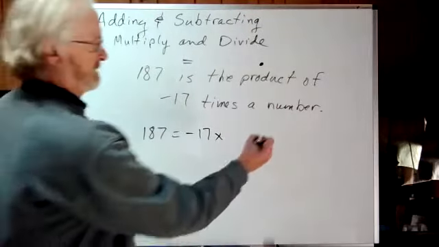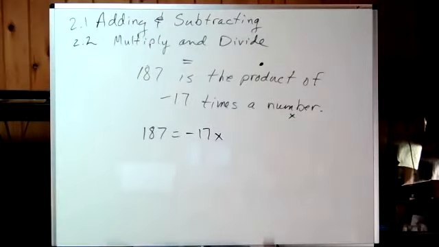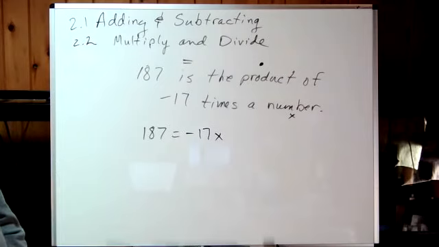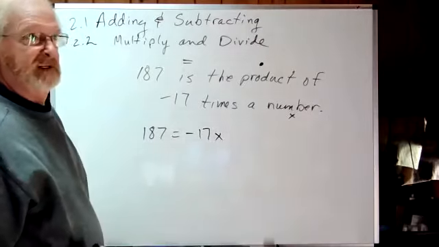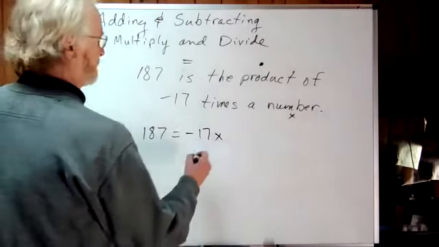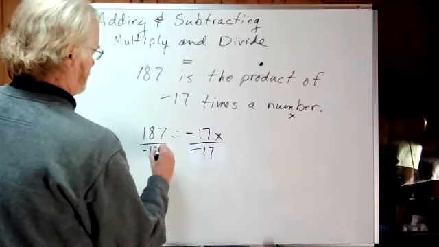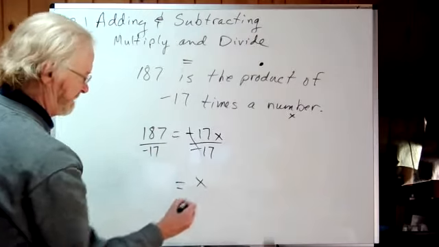A number, you know, choose a variable. Unless mom tells you to use a certain one. So there's the equation I get out of this. And now, well, to undo the -17, I'm going to divide by -17. That gets me positive x.